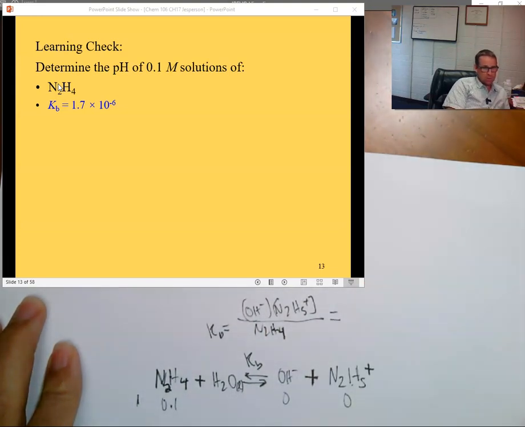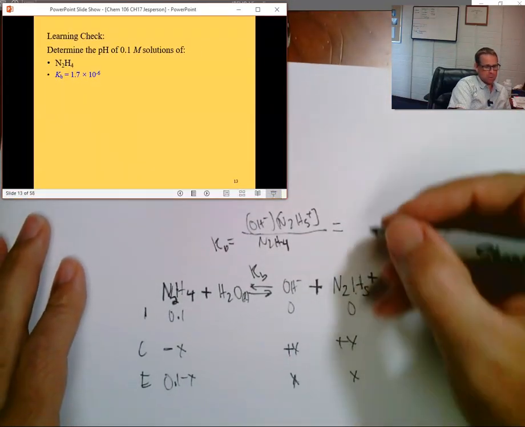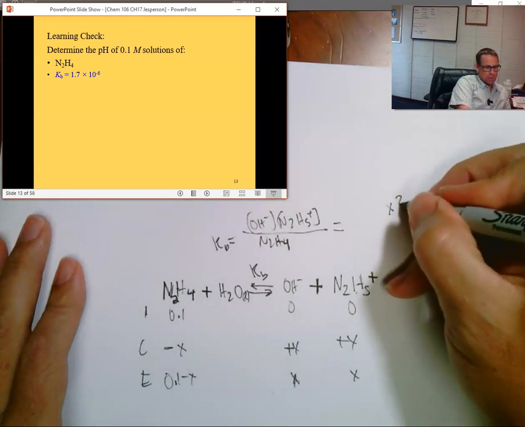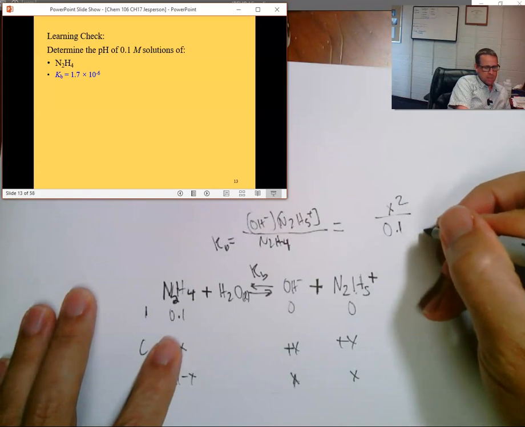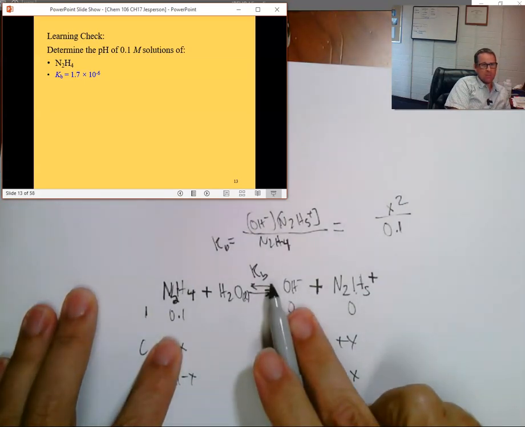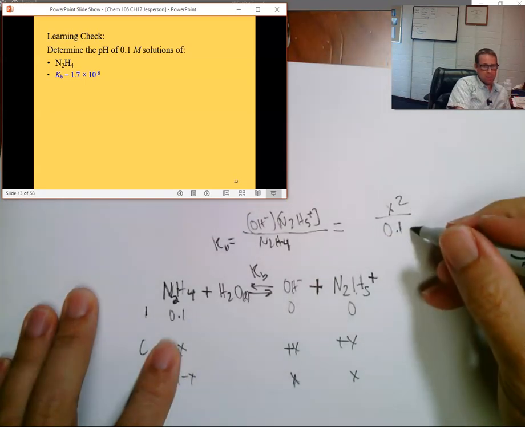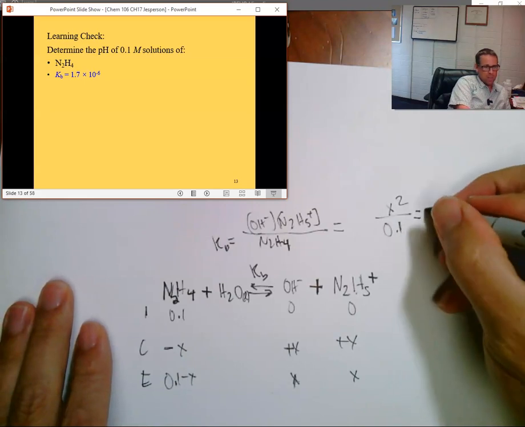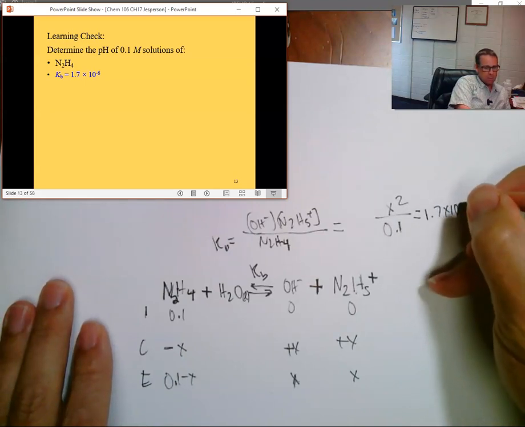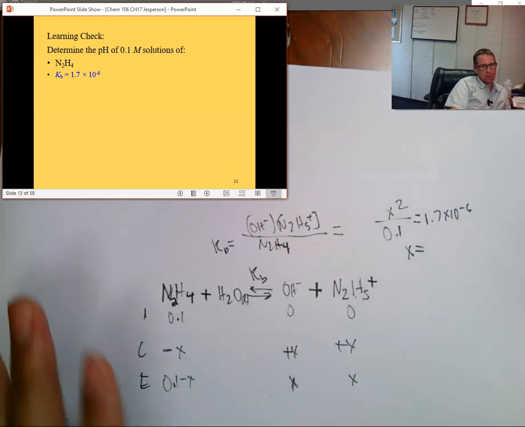Which will equal, according to our ice table again, X squared over 0.1 minus X. But because the Kb is very small compared to the 0.1, I'm just going to be able to drop that minus X. This is going to be equal to my Kb, 1.7 times 10 to the minus 6. And then I can solve for X.